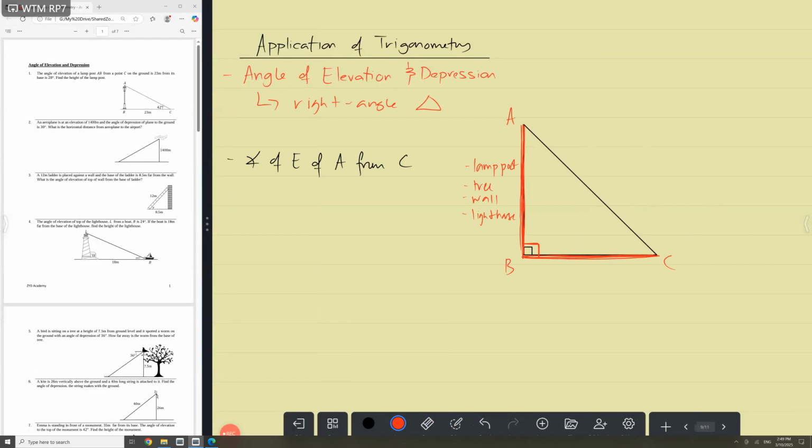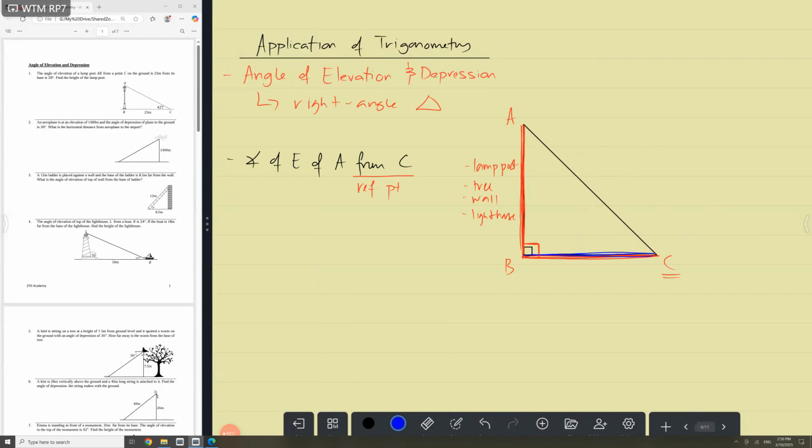The reference point is where they say "from". So you start measuring from the reference point, which is over here, point C, and find the horizontal. BC is our horizontal line.